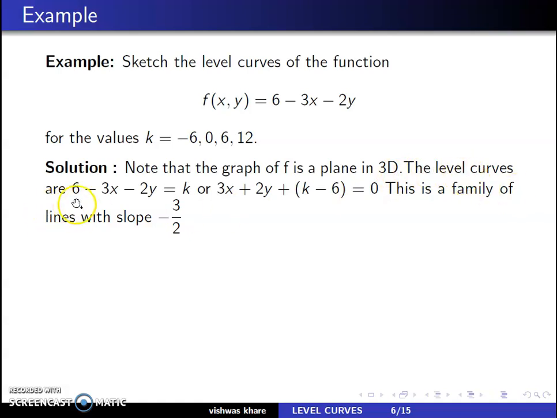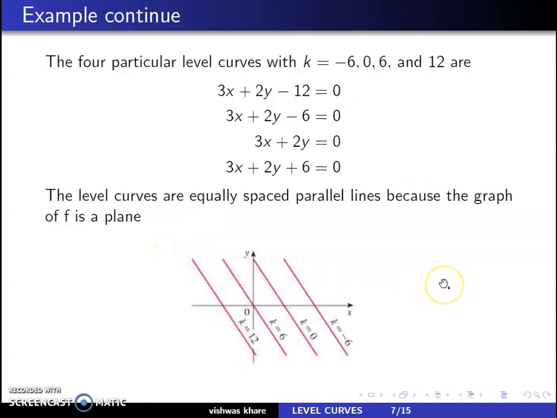The level curves are 6 - 3x - 2y = k, or 3x + 2y + k - 6 = 0. This is a family of lines with slope -3/2. Because if you write this in the form y = mx + c, taking 2y to this side and all other expressions to the right hand side, you will find that its slope is -3/2.